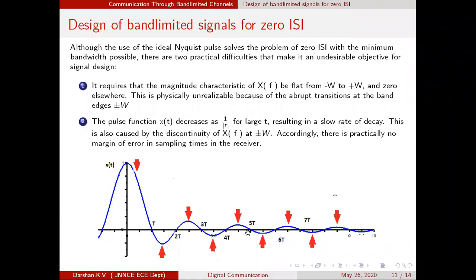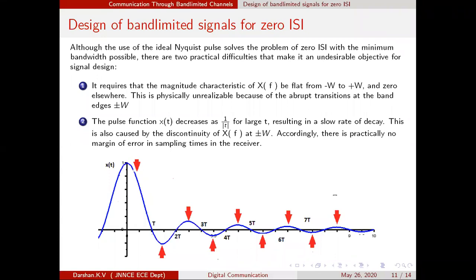That is why you will have the non-zero values. If the rate of decay is very high, then this value would be very close to zero. Why? Because of the very nature of the function. So the mathematics of x of t itself is a problem whenever there is a mismatch in the sampling time.